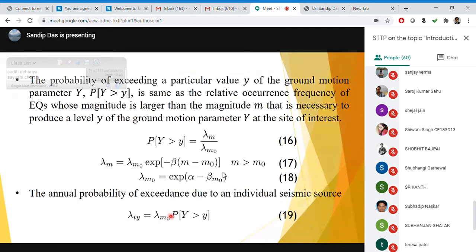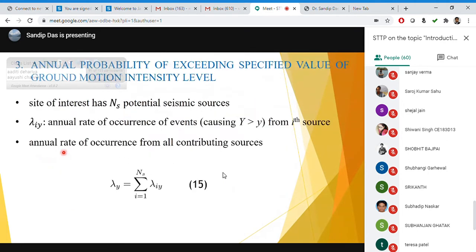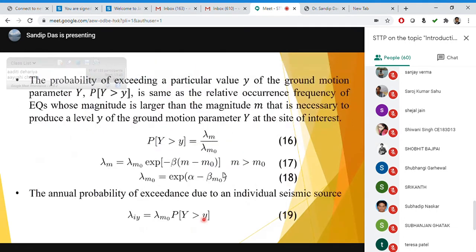You think we got everything. Okay, once you know this, evaluate this, you can get this, and knowing this means you know everything. That is your main landmark where you have to always go to finally get your solution. Now how to get this from this? This is Y greater than y given m and r, and this is truly Y greater than y with nothing given.